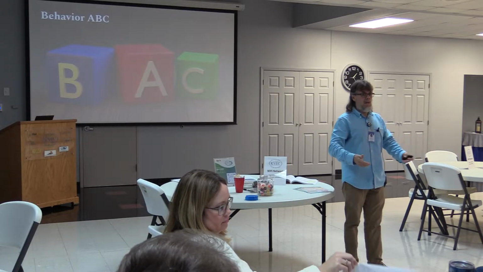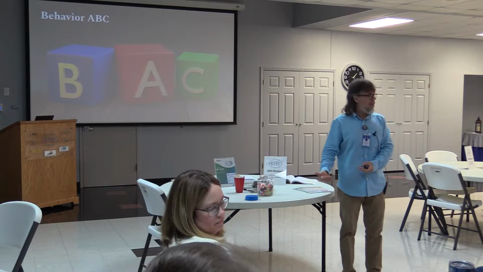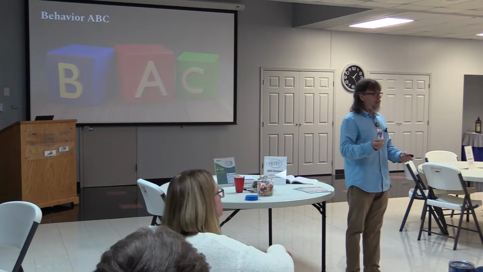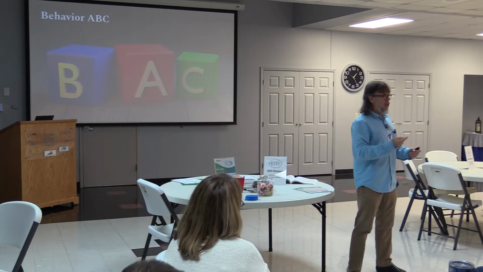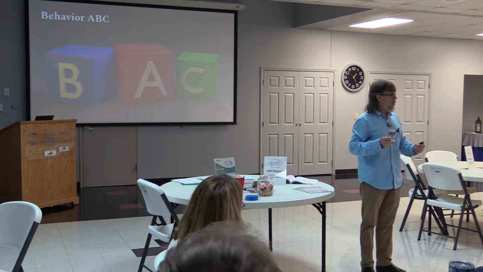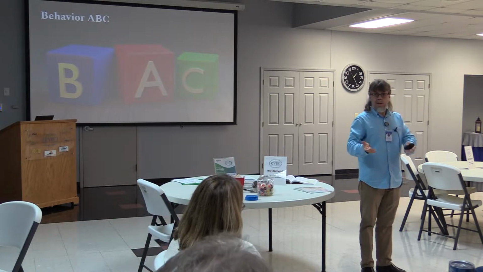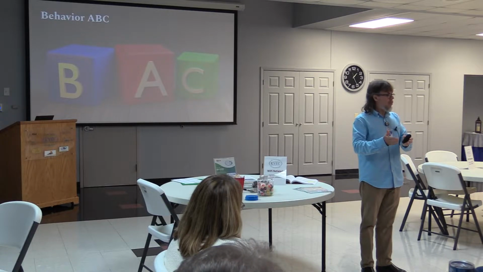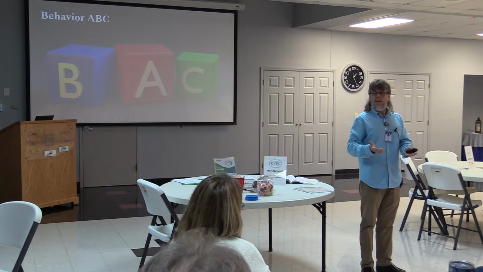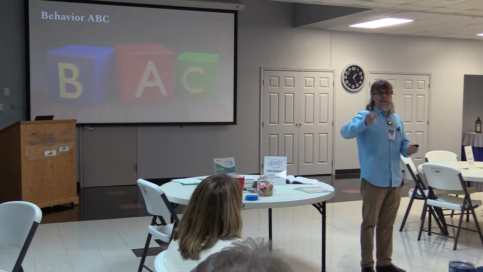Miss Brenda came over and provided him attention. The consequence was he got out of the work, but what happened immediately after he threw that book? Miss Brenda came over to that student and paid him attention and said, well, let's find something a little bit easier for you to do. So the consequence happens immediately after the behavior.